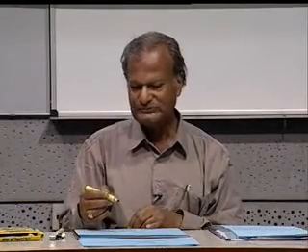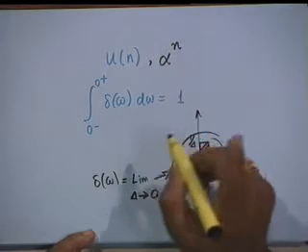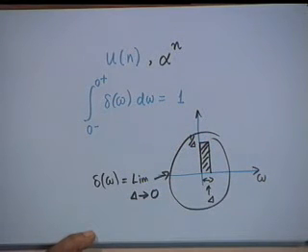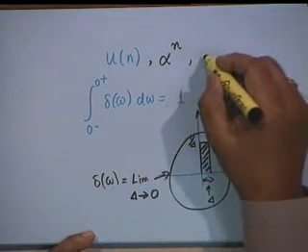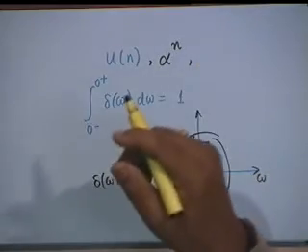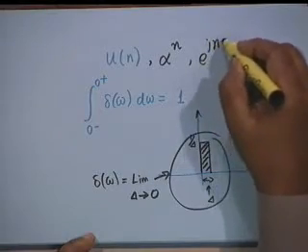Similar other examples of functions which do not have a Fourier transform if the absolute summability or square summability criteria are applied are alpha to the n, not multiplied by u of n, where alpha can be any quantity. Similarly, e to the power j n omega 0.